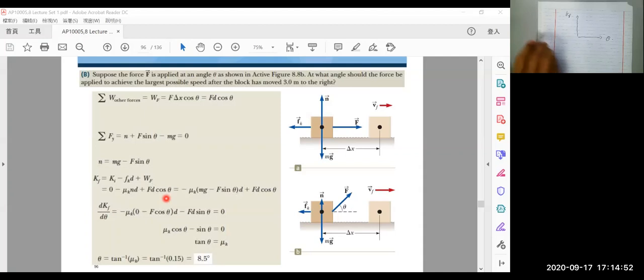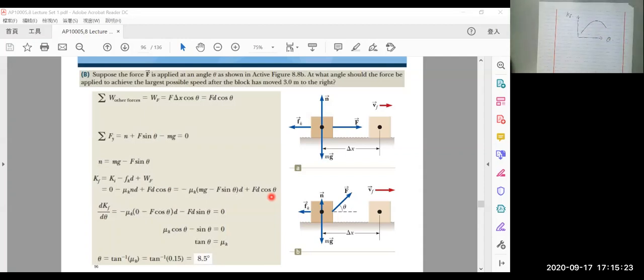You can see that in the equation shown here, Kf equals something with sine theta plus something with cosine theta. So you could draw a graph. I'm not asking you to actually draw out the exact graph, but think about it. It may be a graph like this.